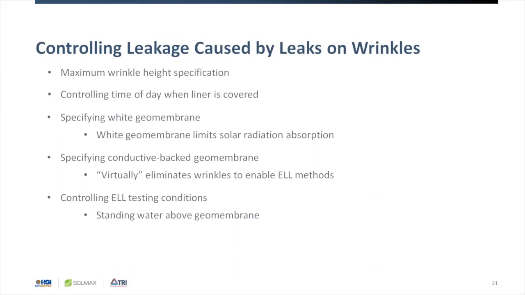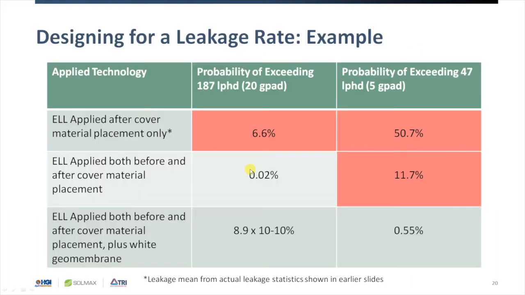The other thing you can do, which I do a lot because I test double-line landfills in a state that has a 20 GPAD ALR. So if you go to that table here, this is what I'm working with, this top row here. I'm only doing dipole method only. See how we're in the red? We have a really high chance of exceeding 20 GPAD.